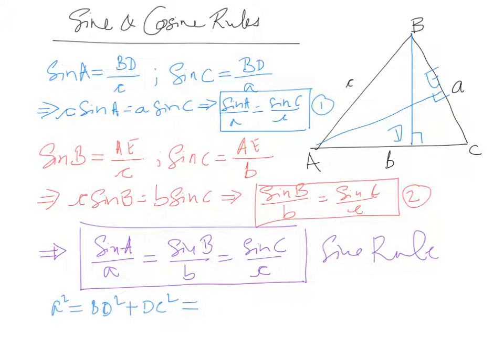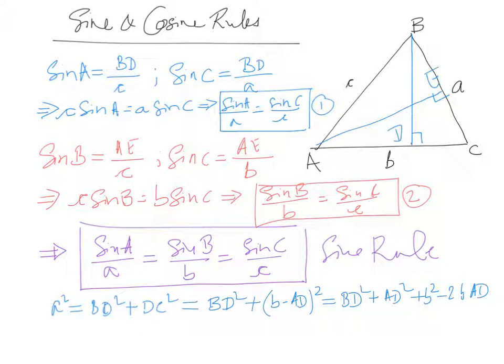So let us replace that, and we get BD squared plus (b minus AD) whole squared. And if we open it up, we get BD squared plus AD squared plus b squared minus 2b times AD.